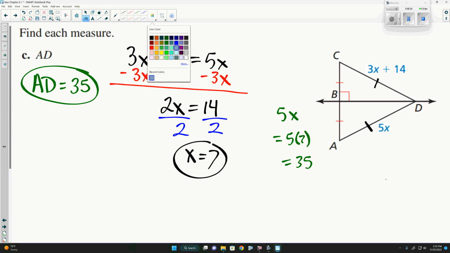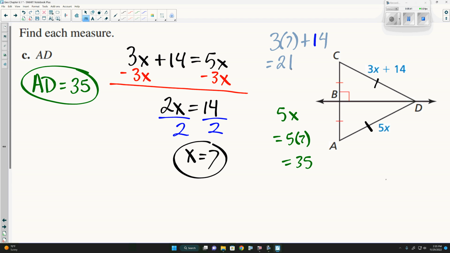What if I plugged it into 3x plus 14? 3 times 7 plus. Because we said those two lengths are congruent, they're the same. So it really didn't matter which one we plugged it into, because they should give us the same value, as long as we have the correct value for x. Questions on this here?